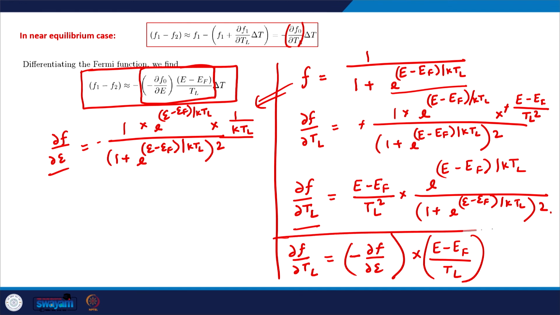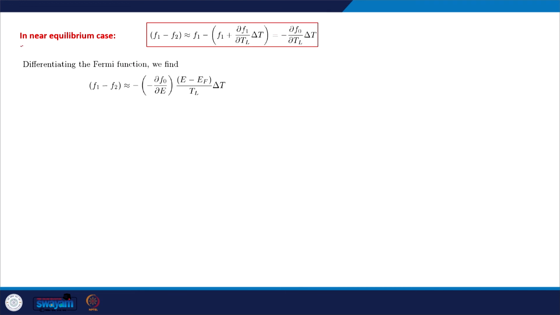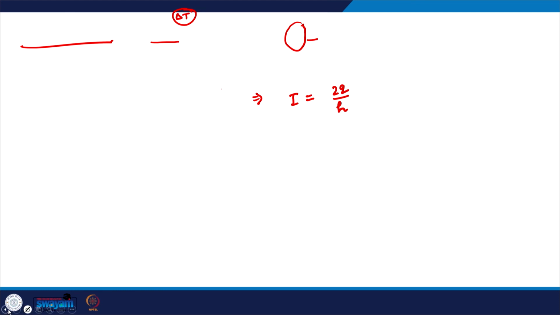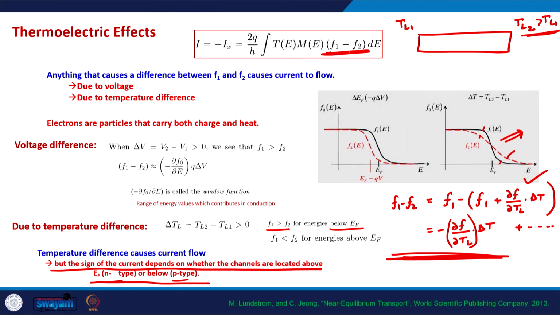So this is what we obtain, and that's why in the near equilibrium case, in which delta T is a small number, F1 minus F2 can be written as minus del F by del TL times delta T, which can further be written as, since del F by del T is minus del F by del E times E minus EF by TL, times delta T. So the current because of the temperature difference will be 2Q by H. We just need to put F1 minus F2 here, 2Q by H TE F1 minus F2.